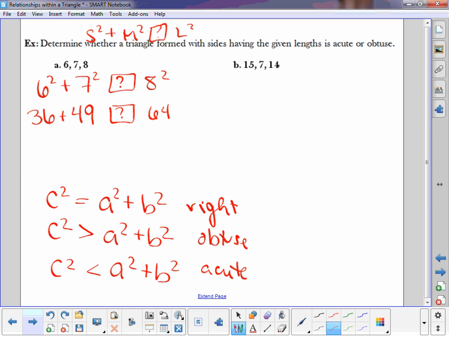What's 36 and 49? 85. And what would be the proper sign? Greater than. Now again, stop and think. Is this going to be acute or obtuse? Acute, good. I see that 64 is smaller, c squared is smaller, so this is acute. Questions with that? Okay, go ahead and try B, see what you get.